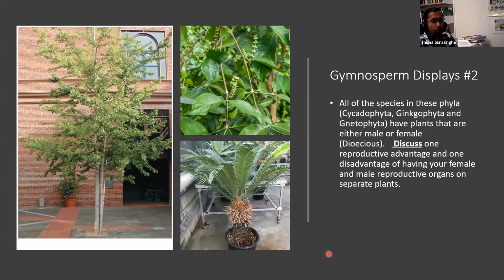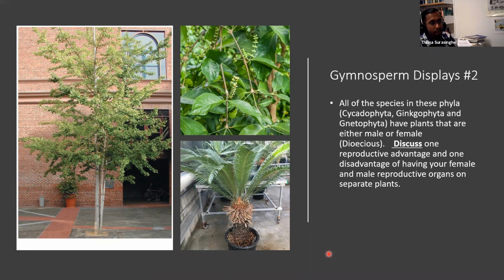So the last question here is actually, before we go to the homework part, all of the species in this phyla, Gymnosperm phyla, have plants that are either male or female, right? Discuss one reproductive advantage and one disadvantage of having male and female reproductive organs on separate plants. So dioecious versus monoecious, right? We are mentioning that lots of gymnosperms are dioecious.